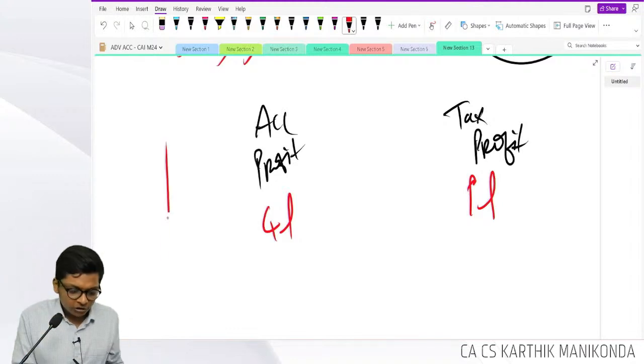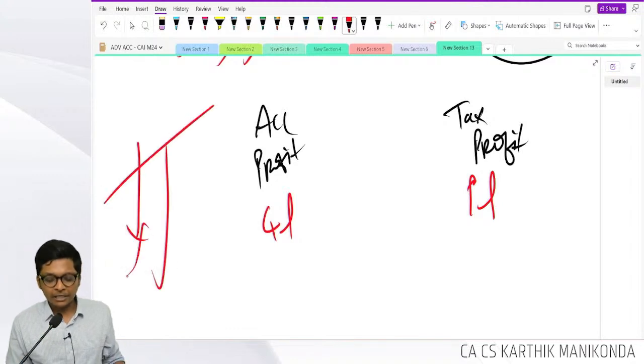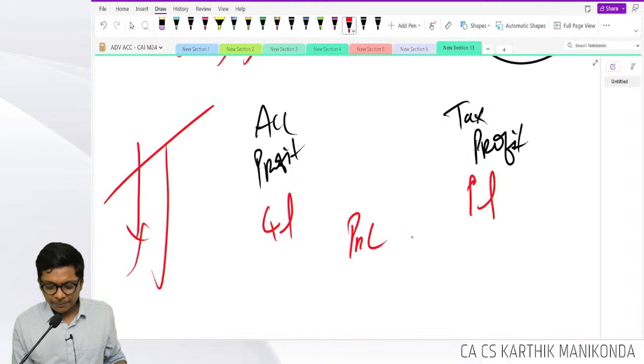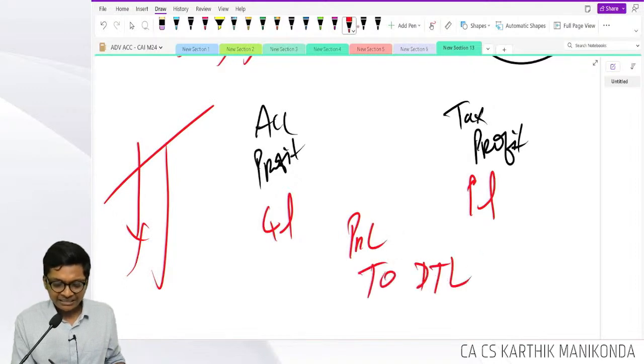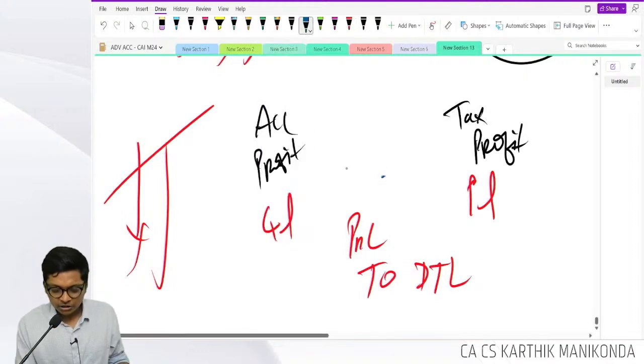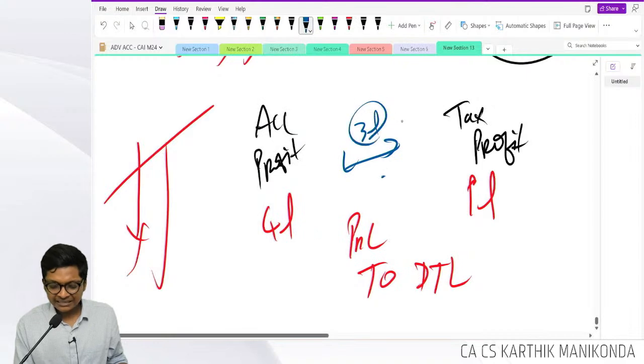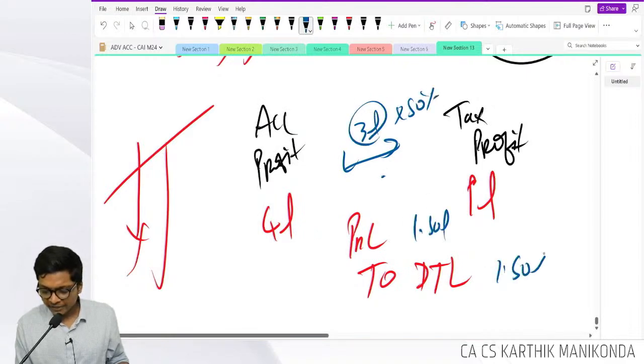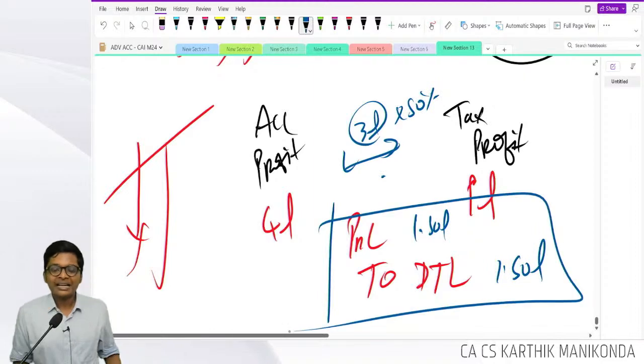I have to reduce my profit in my trading P&L account. So, I will debit my P&L account. Since I am debiting P&L, I will credit deferred tax liability. How much, sir? Difference is how much? 3 lakhs into 50%. 1.50 lakhs is my deferred tax liability.